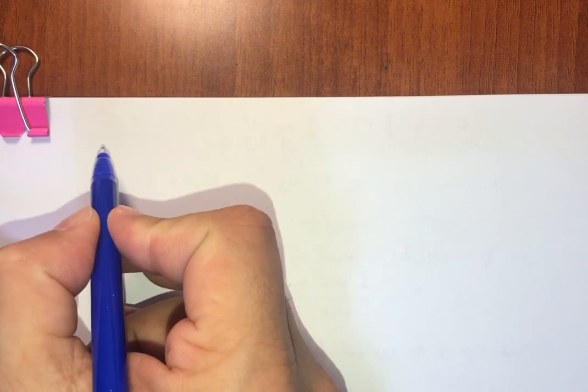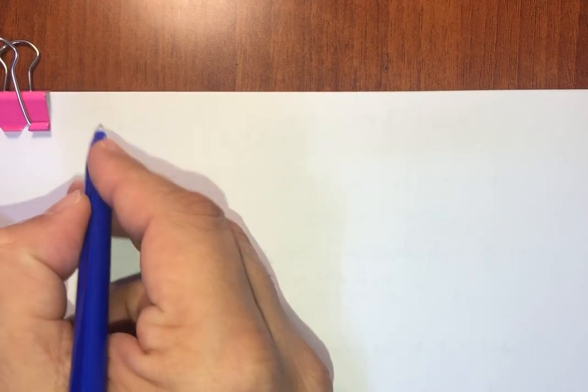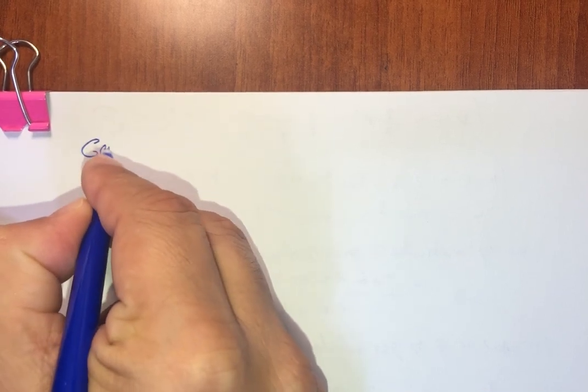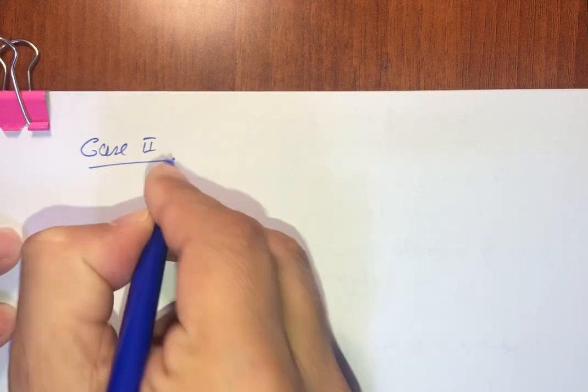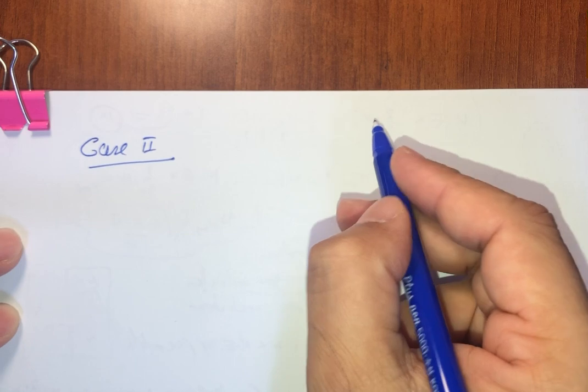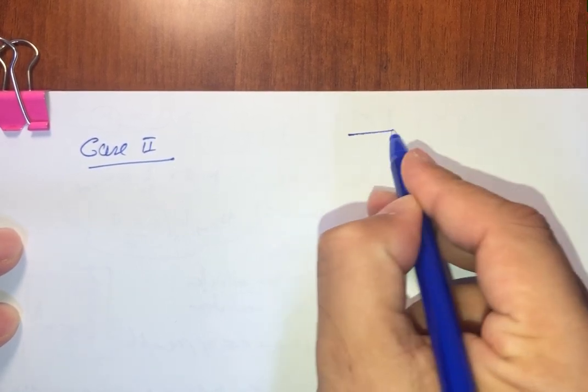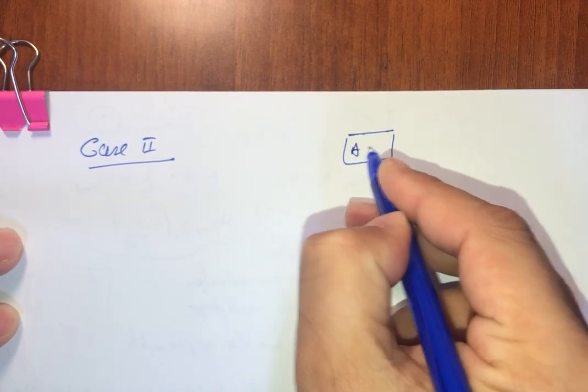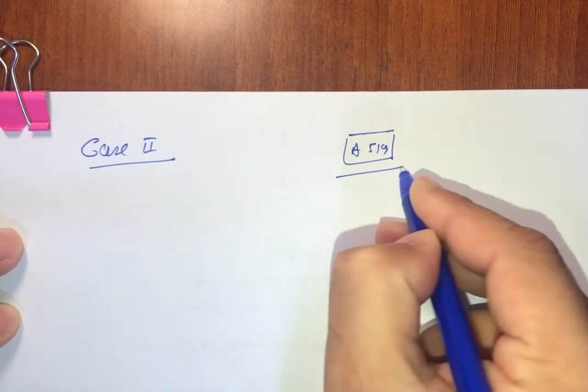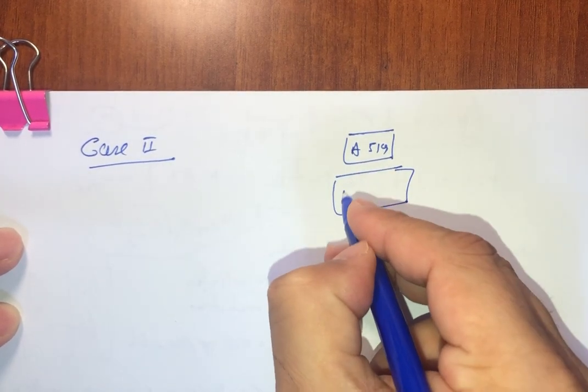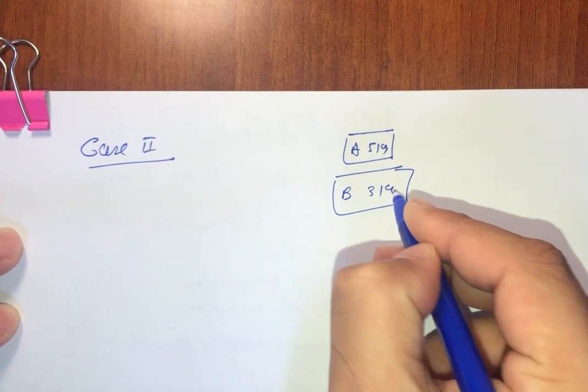Now let us consider case 2. Force is being applied on block B. So this is A of 5 kg, this is B of 3 kg.